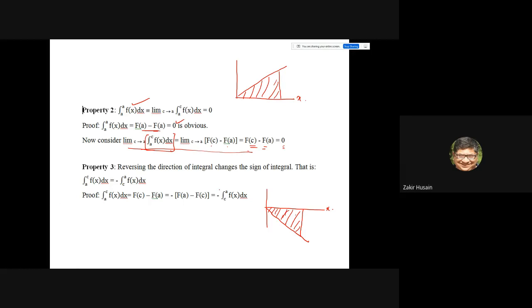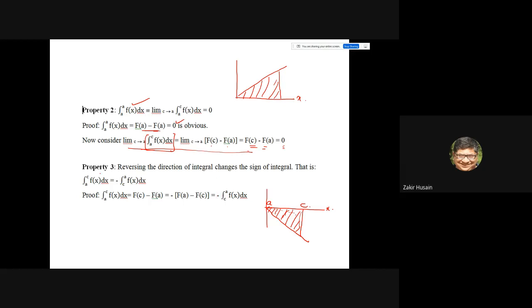So in that case, we have A over here and C. In that case, this integral will be simply the negative of this integral. So it will be a negative value. If we just ignore the sign and find out the area under this curve, we just have to put a minus sign before this.